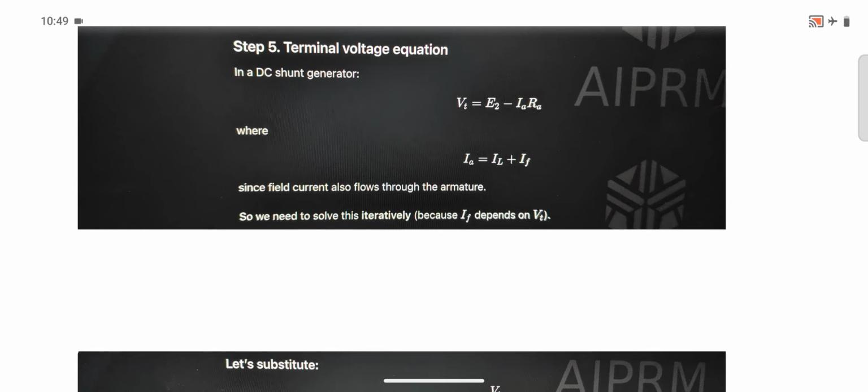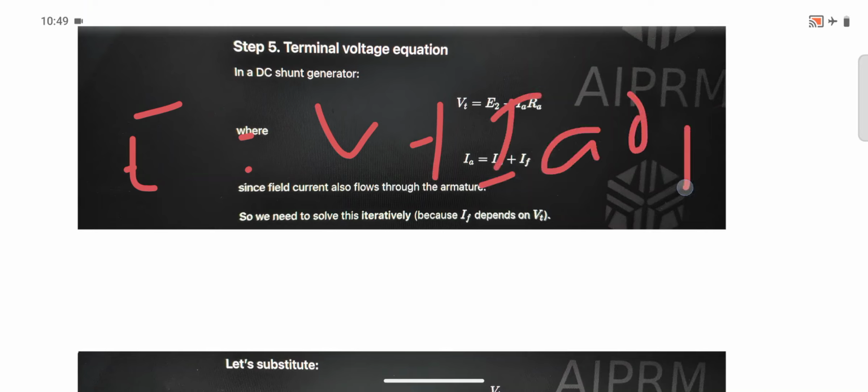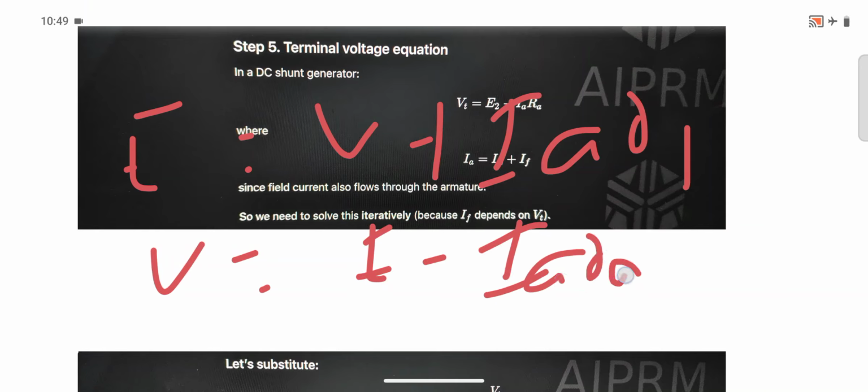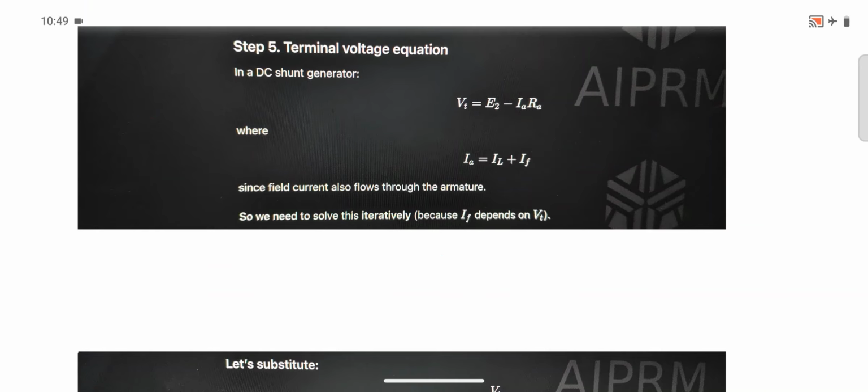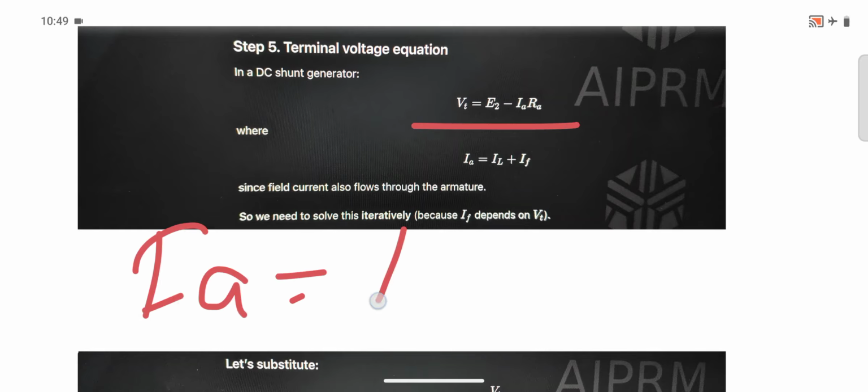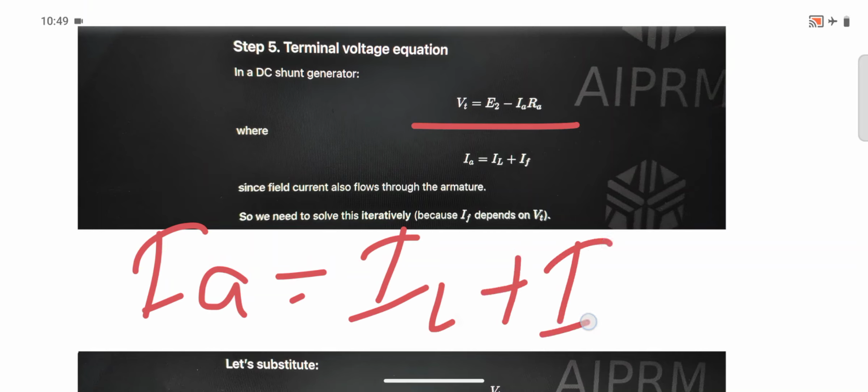Next, terminal voltage is equal to, in DC generator we know that E is equal to V plus IA RA. So V is equal to E minus IA RA. Then we will get this relation, and we already know that armature current is equal to load current and field current.